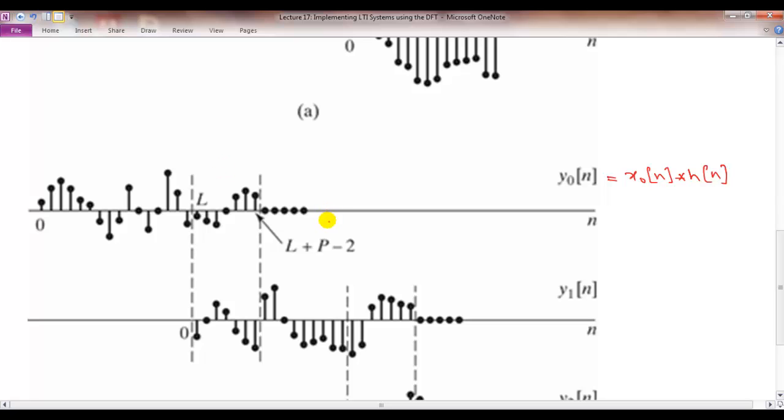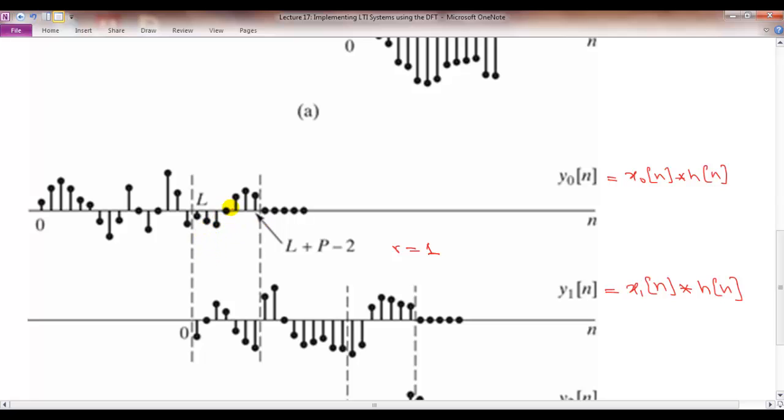Instead, now you take your next block, x_1[n], and you compute the convolution of that with h[n]. So now you are looking at r equals 1. If you want to produce your output for this block, r equal to 1, the first P minus 1 samples have to be added to the last P minus 1 samples of the previous block's output.